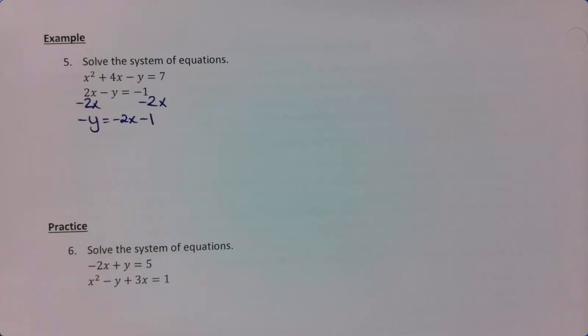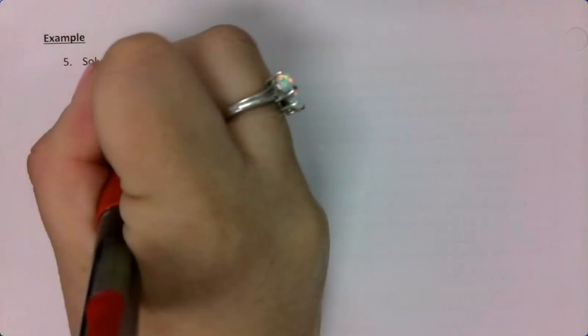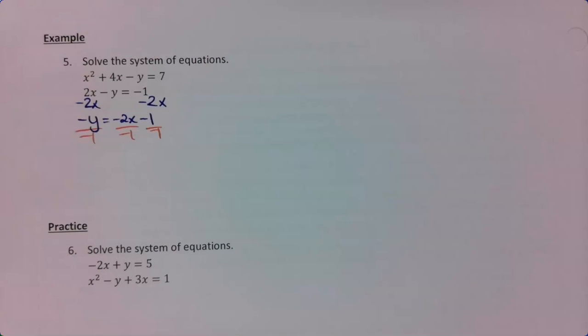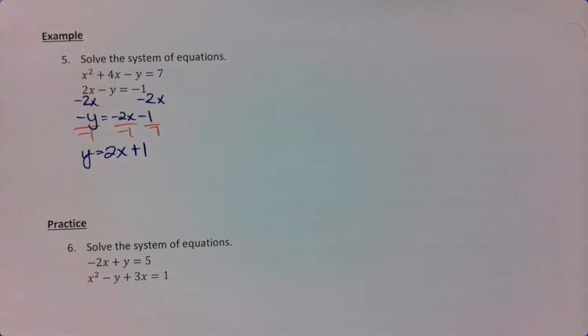Okay, then what do I want to do to isolate my y? So that just gets me y equals 2x plus 1.